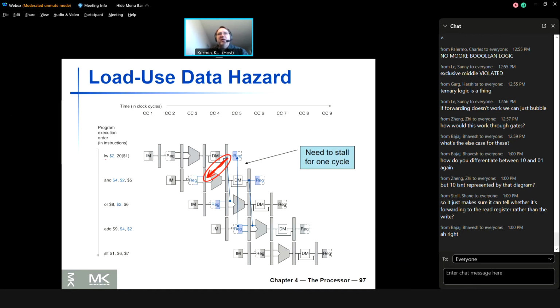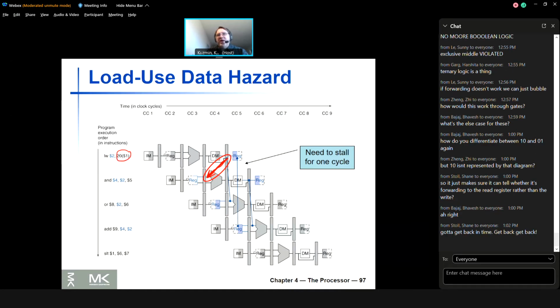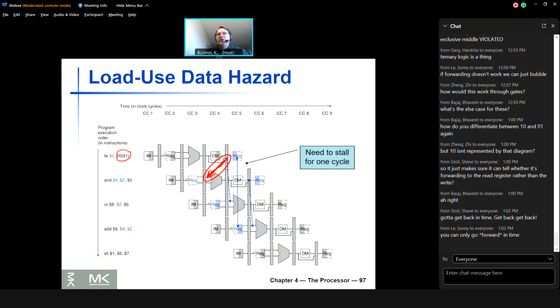Load word reads a value from memory given by an address computed as a base address plus the offset. Until the value that we need is extracted from data memory, which only happens here, we don't know what that value is. This value is not computed by the ALU as in our other example; if it were, we could forward it.